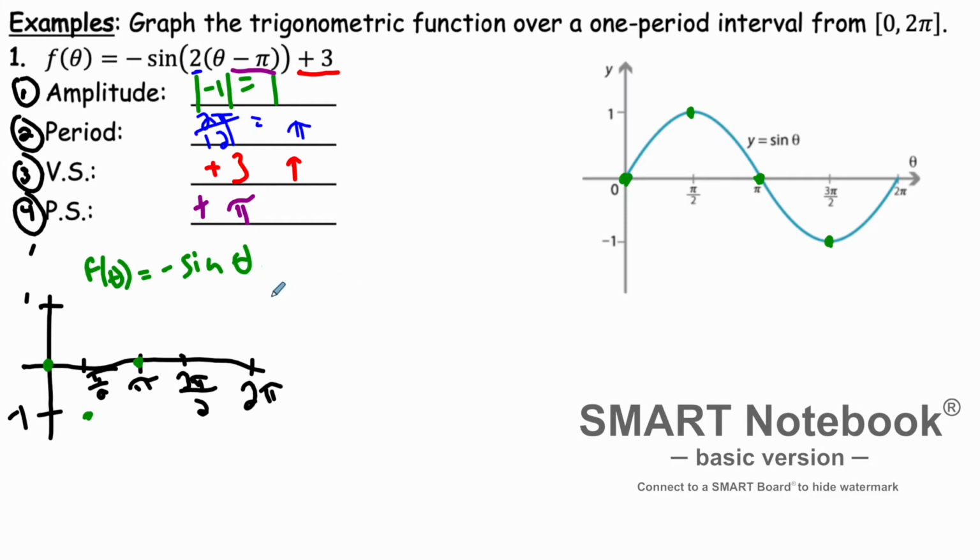Multiply by negative 1, and that puts us up at positive 1. And we always have to end where we began. 2 pi is at 0, and 0 times negative 1 is 0. So it wasn't stretched or contracted at all. It just flipped over the x-axis to give us that graph.